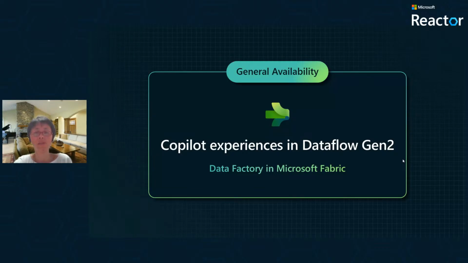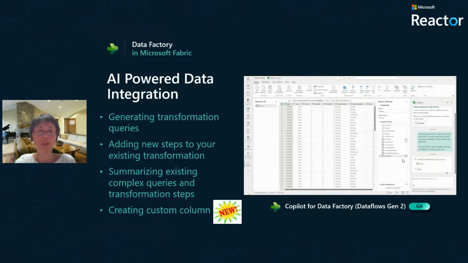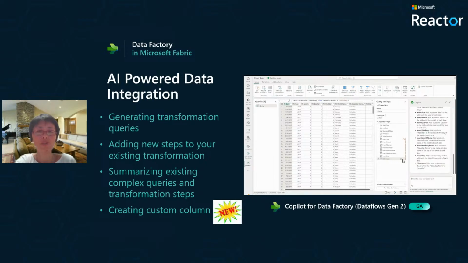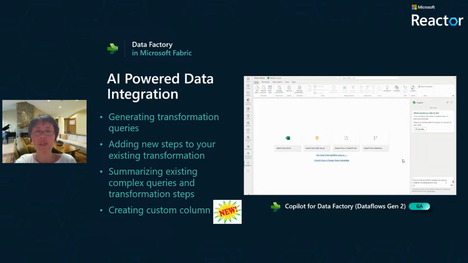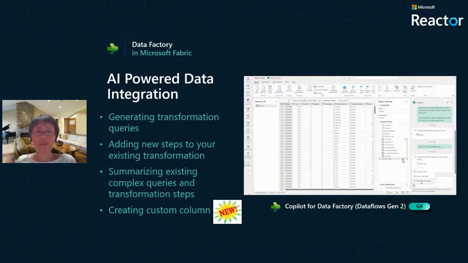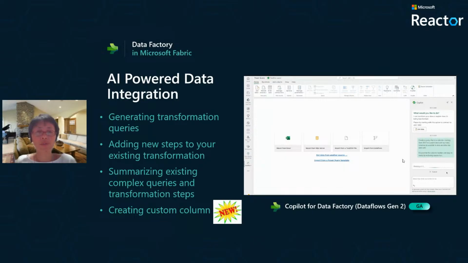So let me talk about the Dataflow part of the Copilot capabilities. We have released a couple of functionalities already. The first one is definitely using natural language to create a brand new dataflow, or simply add a new query in the existing dataflow. Copilot can intelligently understand what you need with all the requirements in natural language.